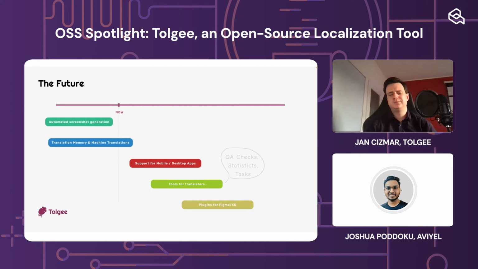But we can somehow help you even with that, maybe with some kind of highlighting of the string, or maybe synchronizing the strings stored in the source code of the desktop or mobile application with Tolgee Cloud. So even in this case it can be helpful.